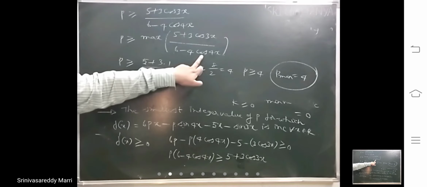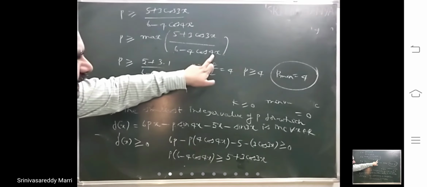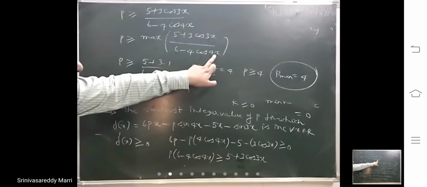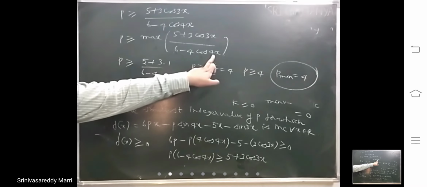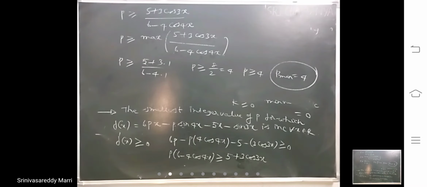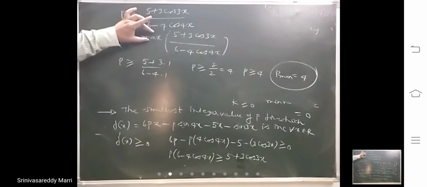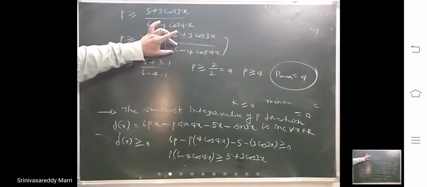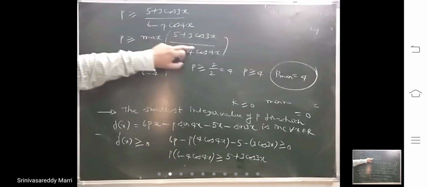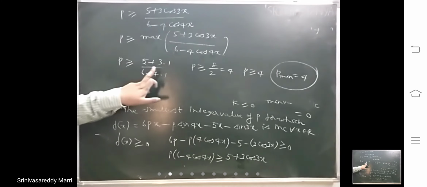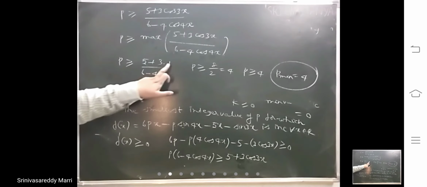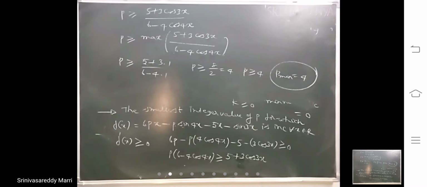That is the maximum value of the denominator, but the denominator must be minimum. That's why I have substituted 1: 5 plus 3 into 1 divided by 6 minus 4 into 1.